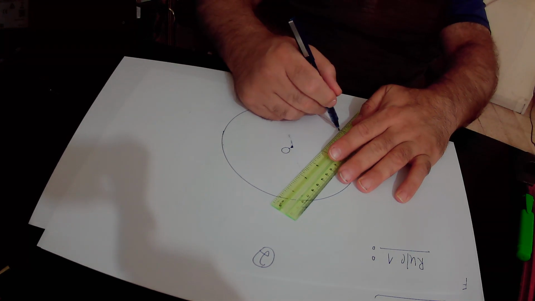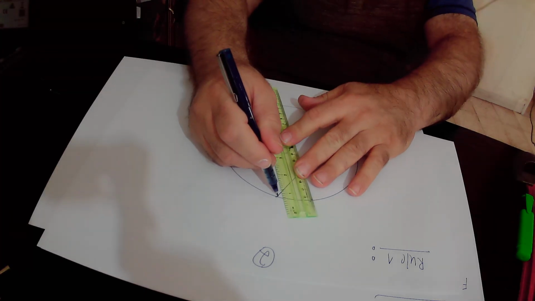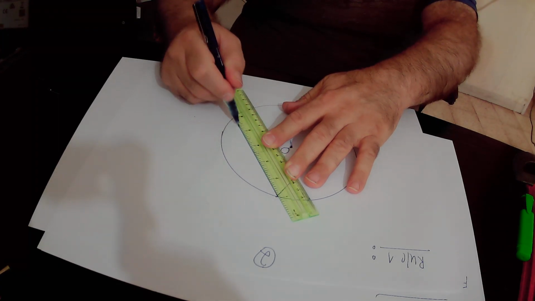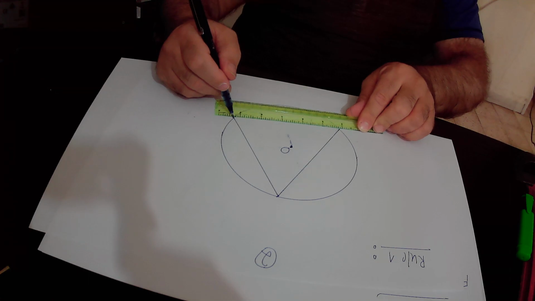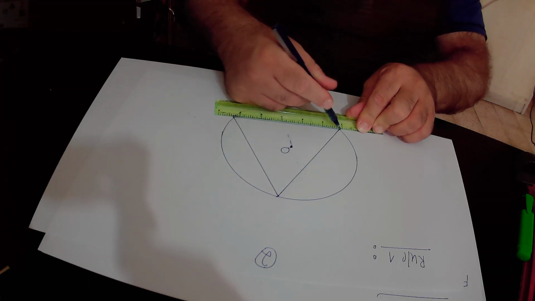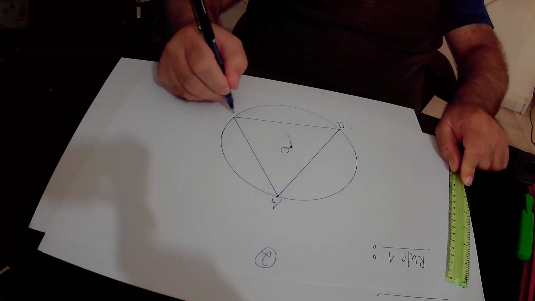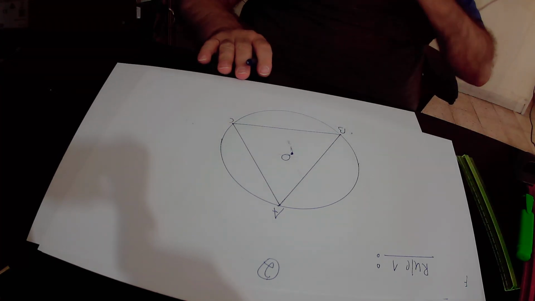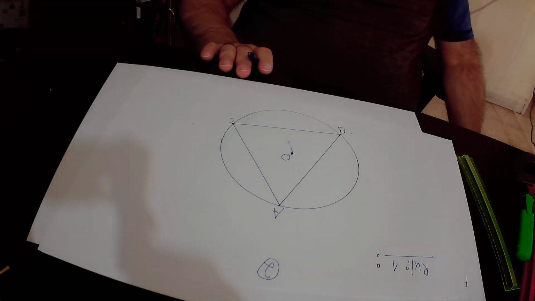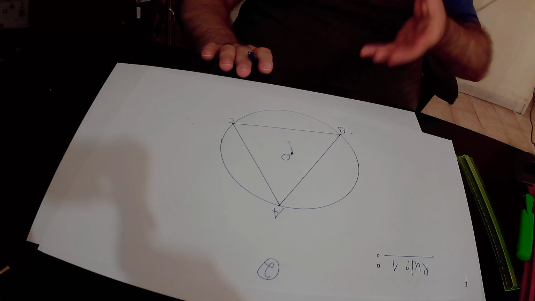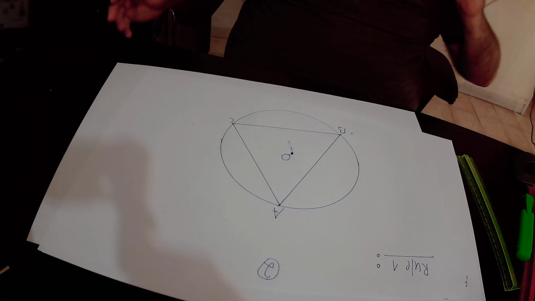This is a triangle ABC that is blocked by this circle. So whenever you have a triangle that is blocked by a circle, you can use rule number 1.